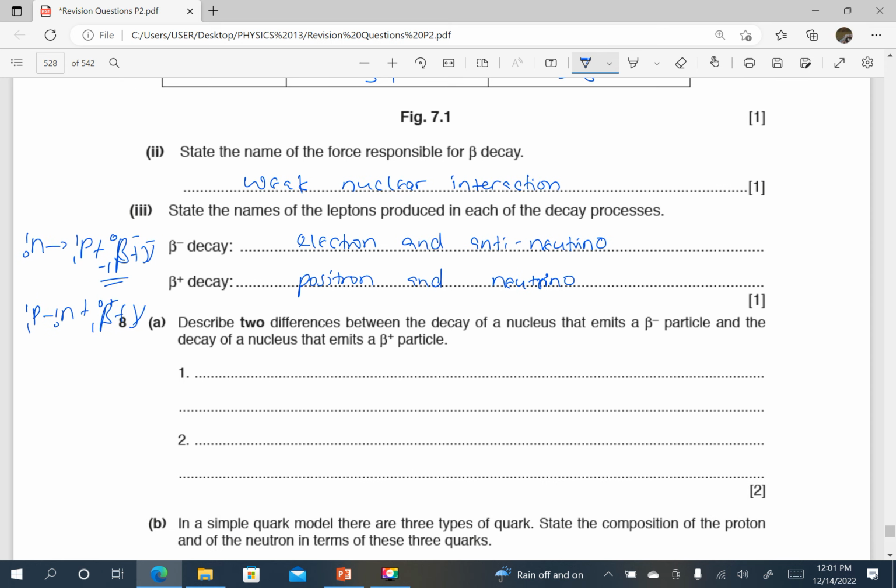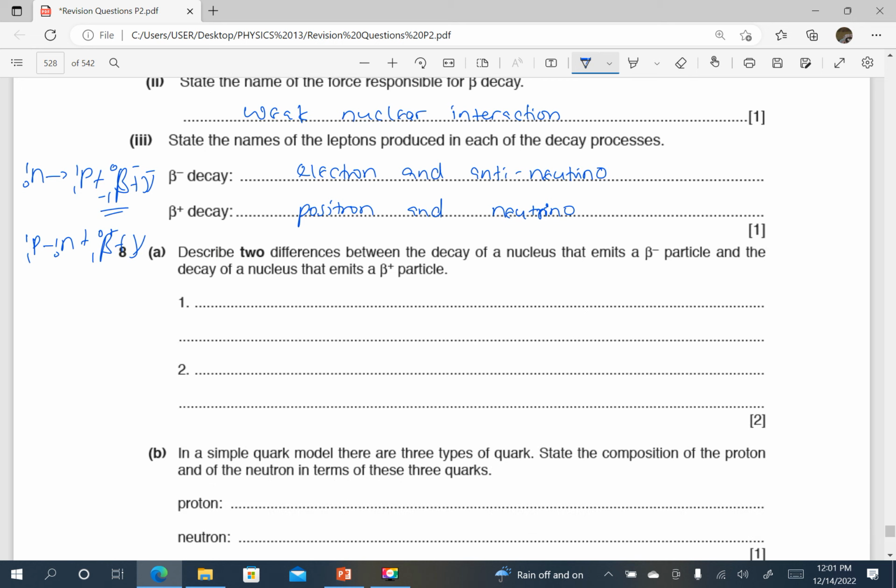Next, describe two differences between the decay of a nucleus that emits a beta minus particle and the decay of a nucleus that emits a beta plus particle. We want differences. This is a similar question to the one we have just seen above. Let's start with beta minus emission.